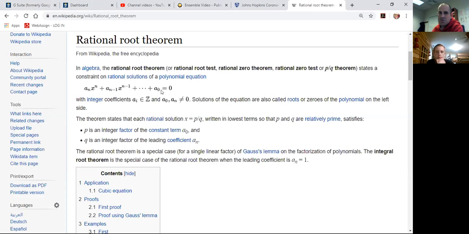So, there are some dumb examples. For instance, suppose I was trying to solve x squared minus 2 equals 0, and suppose I didn't know how to deal with that.